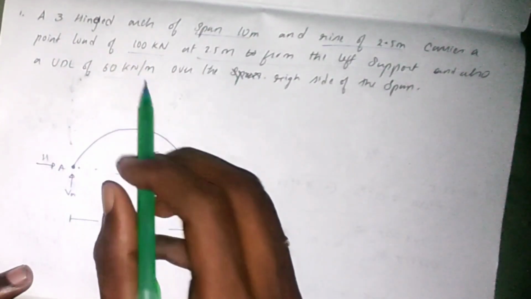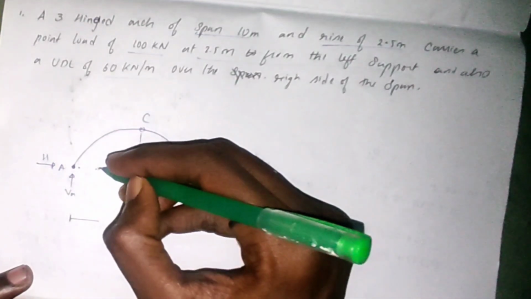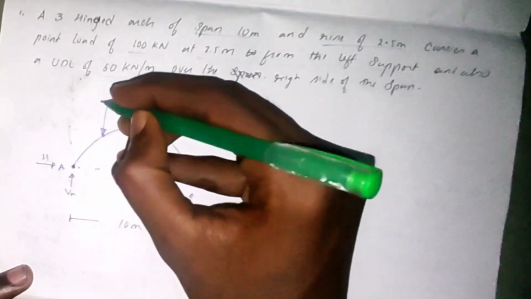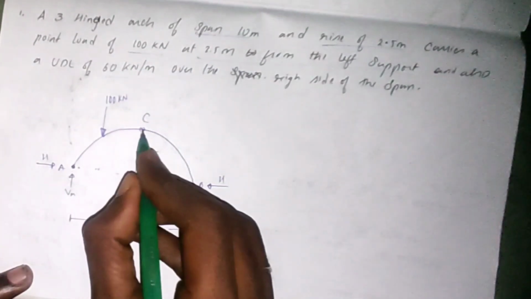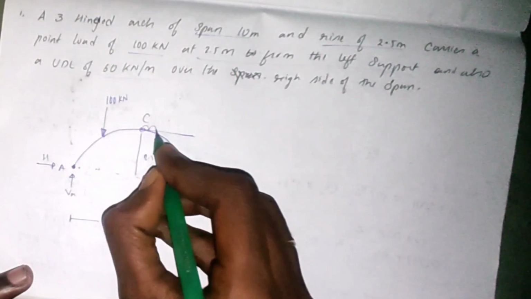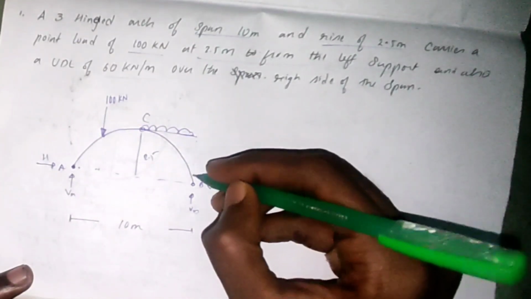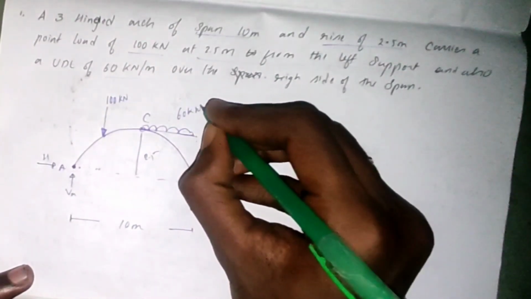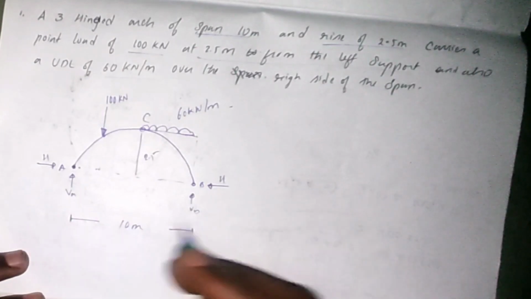The 100 kilonewton point load is acting at 2.5 meters right here. This is 100 kilonewtons and we have a UDL over this, which is 60 kilonewtons per meter, and this is the diagram.